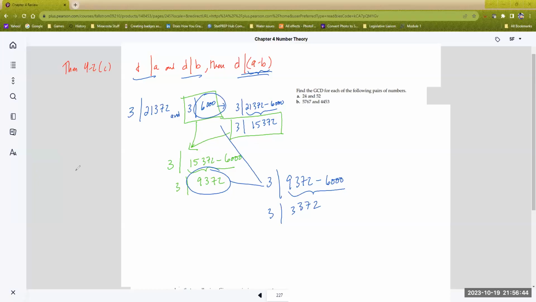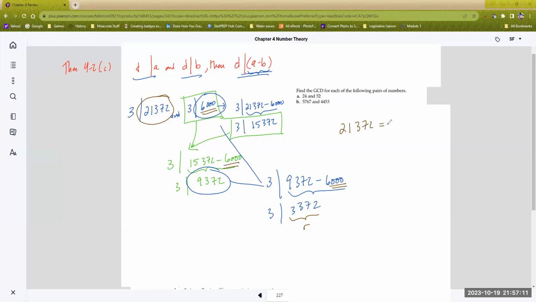Here comes the interesting part, and this is where the Euclidean algorithm tries to simplify things a little bit. If we had started with 21,372, and we said, wait a minute, it looks like we're making groups of 6,000 repeatedly and removing those groups, ending up with what we could consider a remainder.